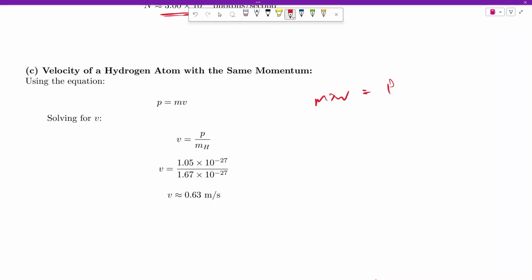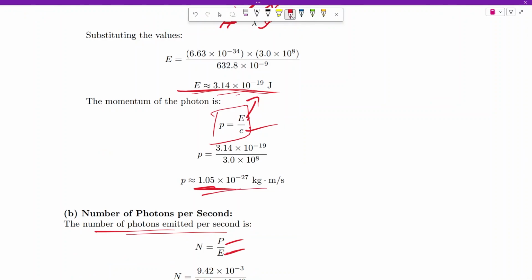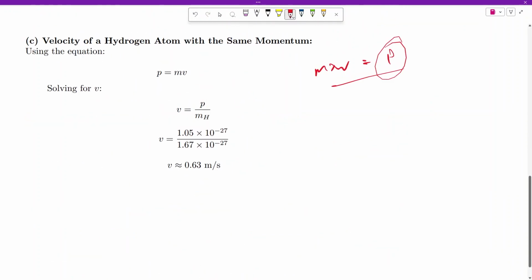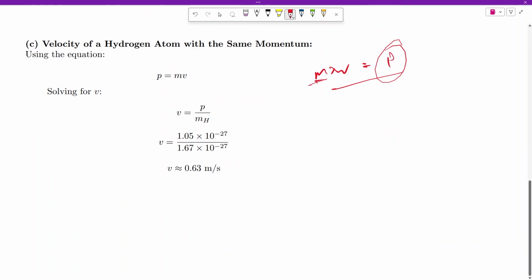We know the momentum of the photon, that is 1.05 into 10 to the power minus 27 kg meter per second, and we know the mass of hydrogen. If we substitute the mass of hydrogen over here, we can get the velocity for which they should have the same momentum. Dividing this momentum by the mass of hydrogen, we get the value of 0.63 meter per second.